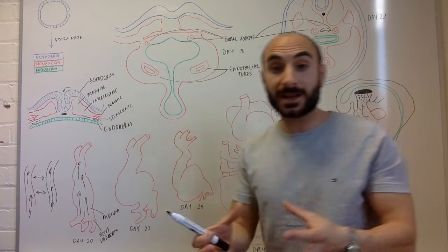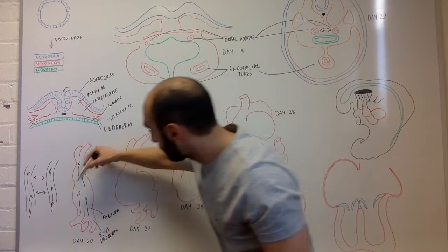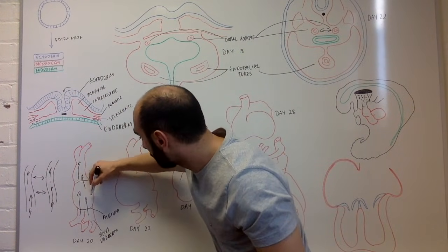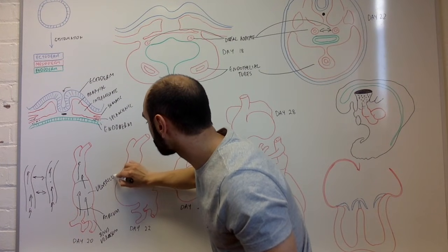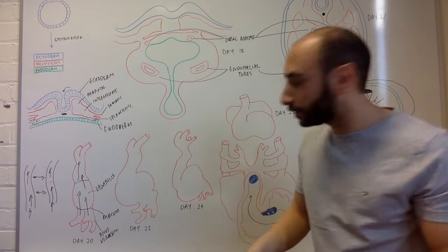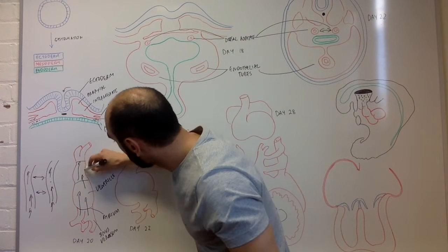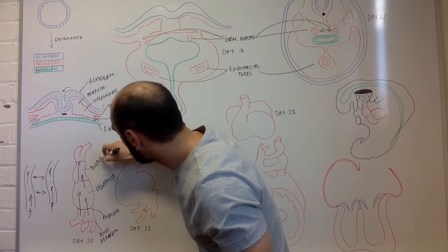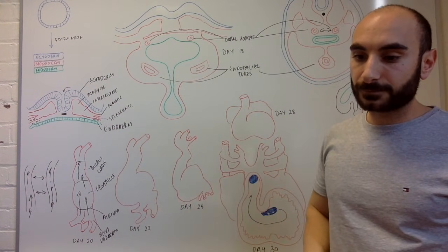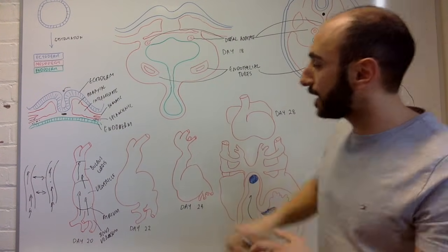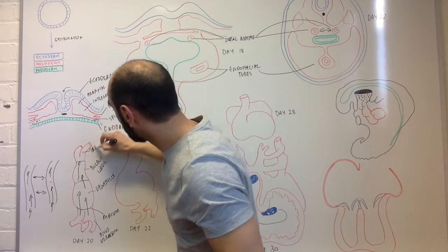The atrium gives rise to the left and right atrium. And this big bowl section, that is the ventricle. And that gives rise to the left ventricle. And then we'll have the bulbus cordis, and also the truncus arteriosus.